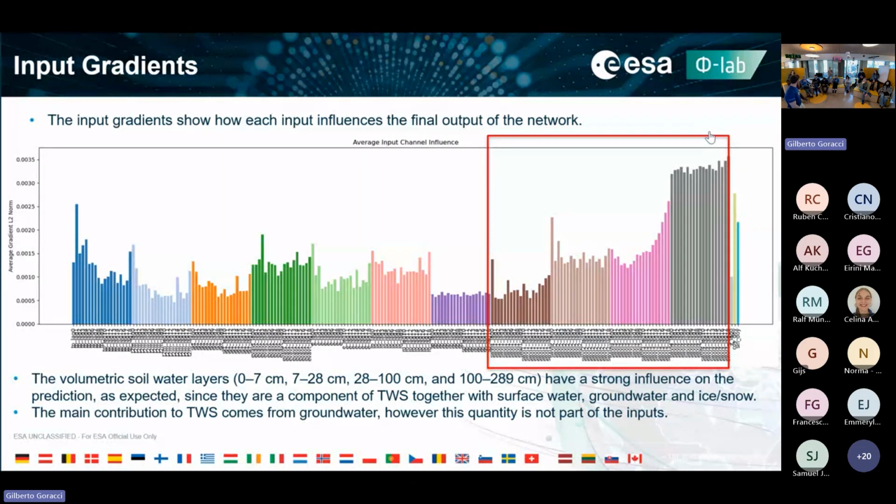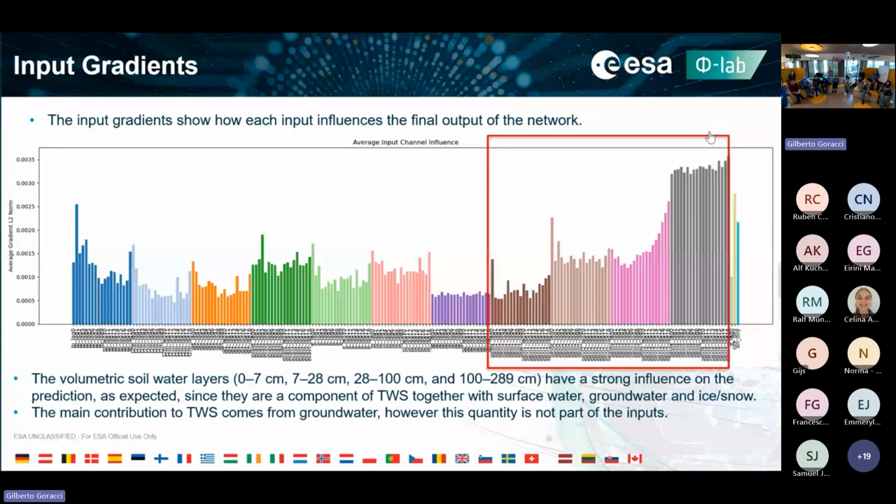Let's say the purple one is the surface pressure, which is the least important one. The most important are the volumetric soil water, because they are actually a direct measure of water. So those are, thankfully, the most important.